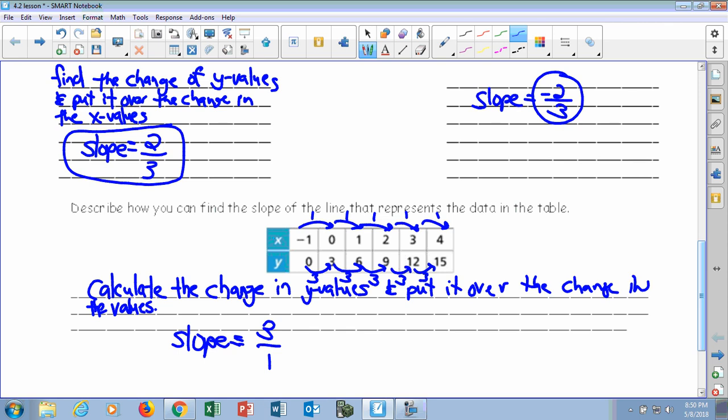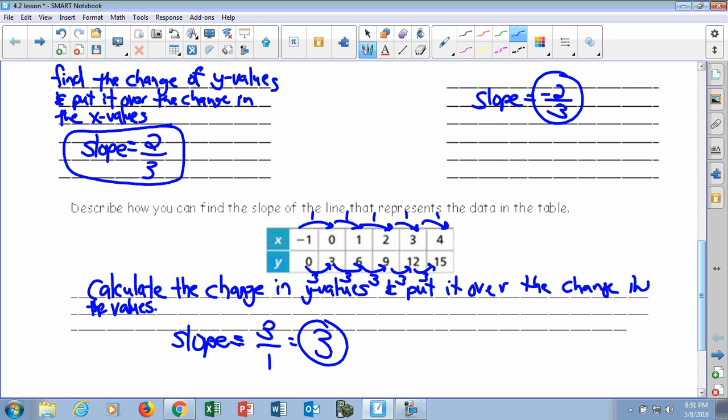We can also take that 3 over 1 and just write it as a whole number, right? Because 3 over 1 is really what? 3. So our slope can be 3. Okay? So that's how you find the slope of a table. Find the change in y over the change in x.